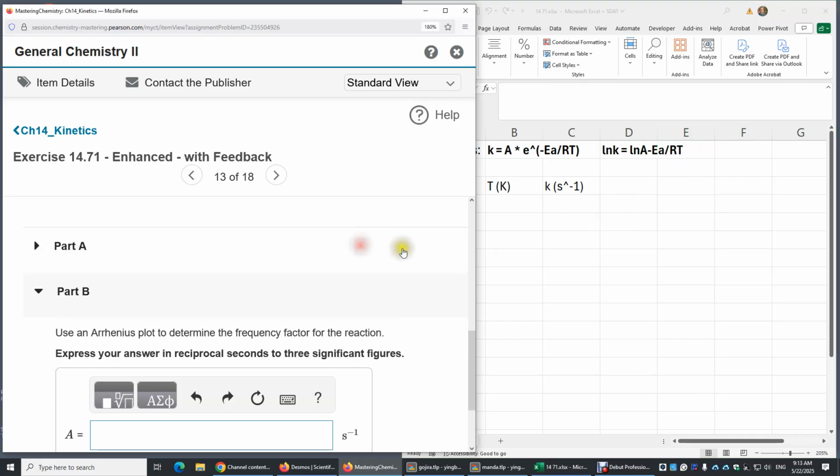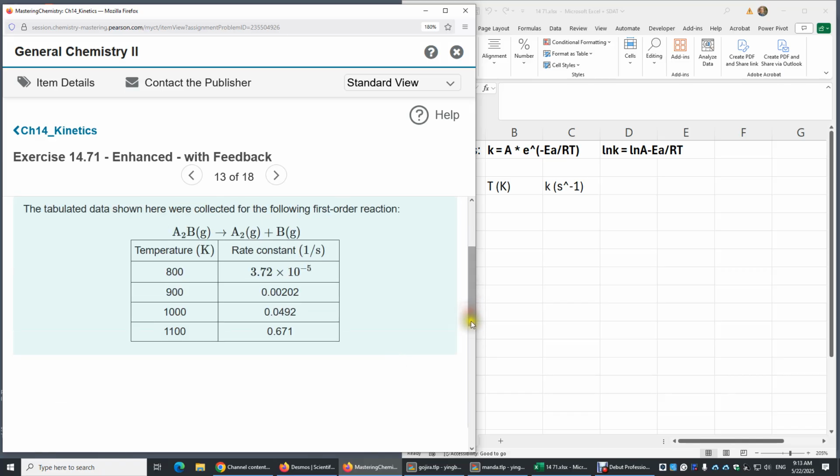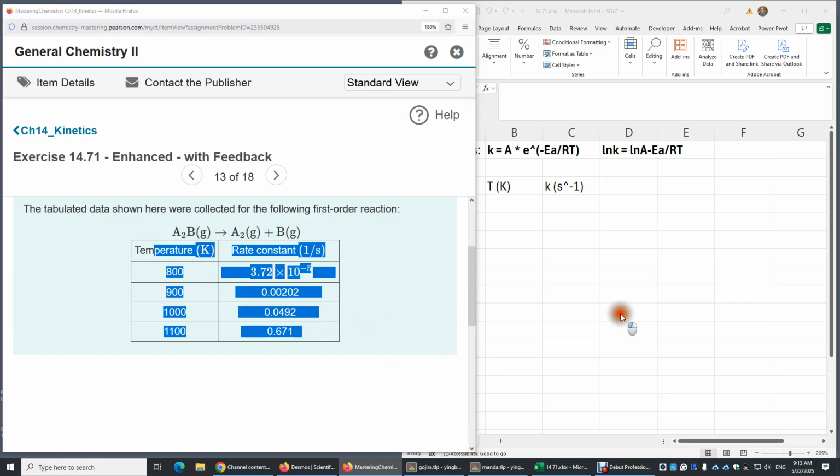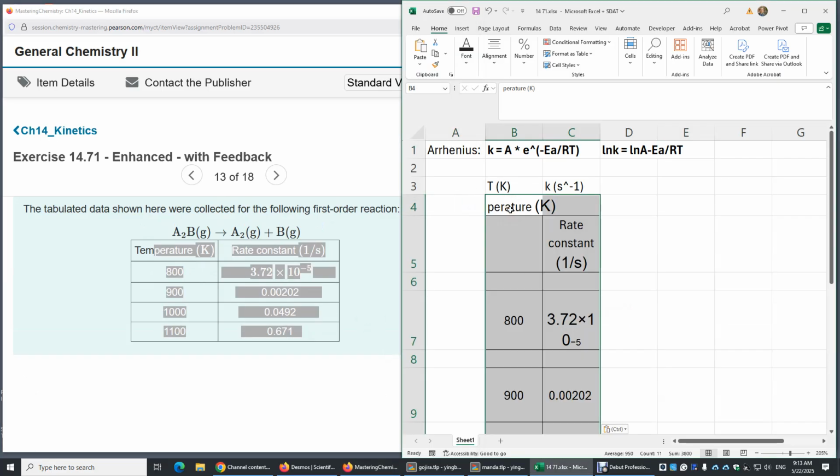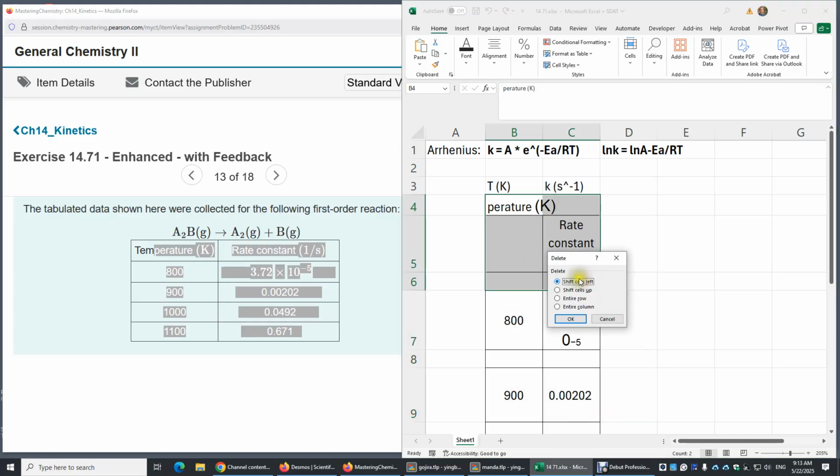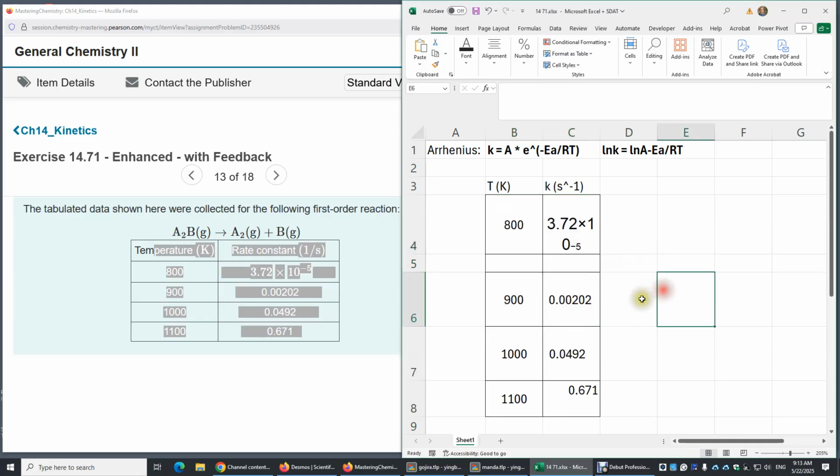So I will copy and paste the data to the Excel spreadsheet. Let's see if we can do a copy paste. Delete these 2 rows. Alright, and somehow this one is not considered as a number for some reason.